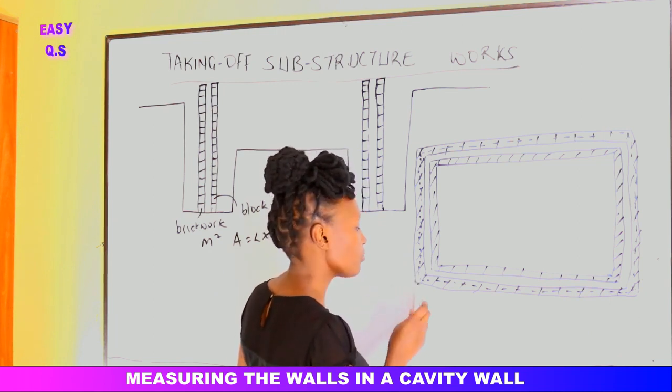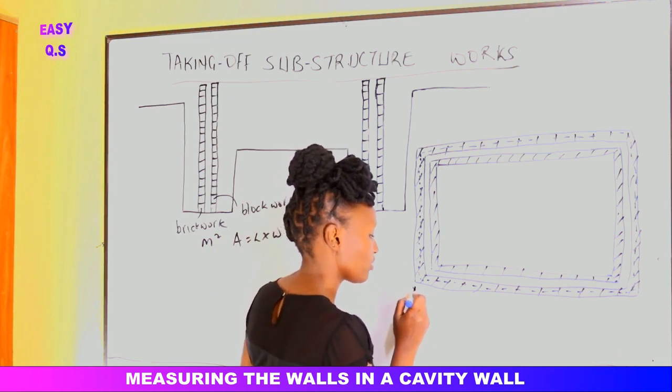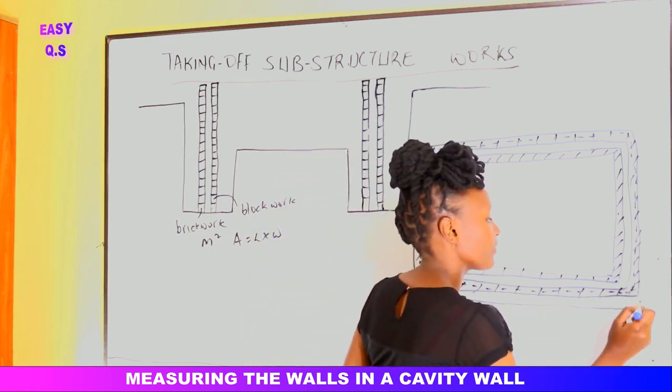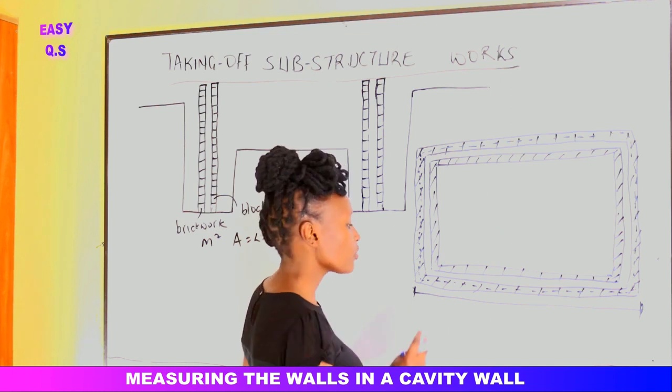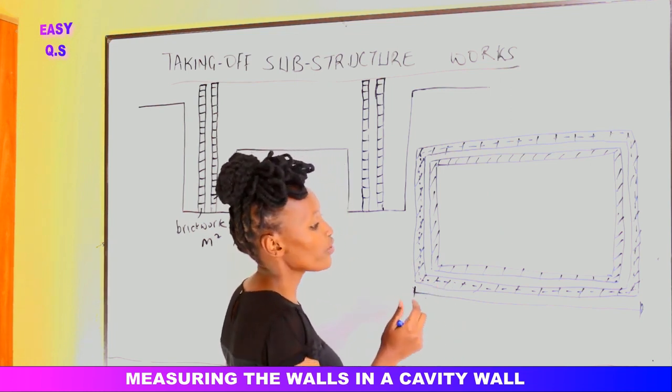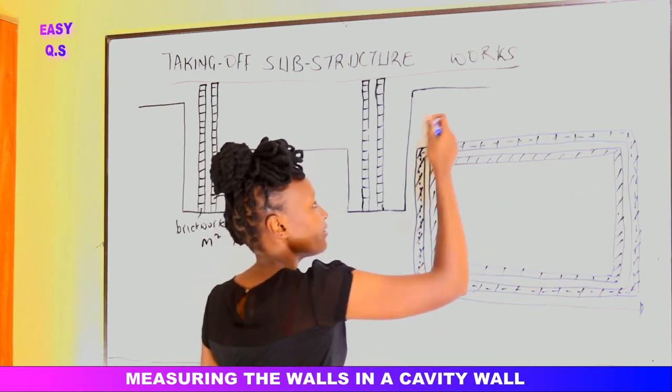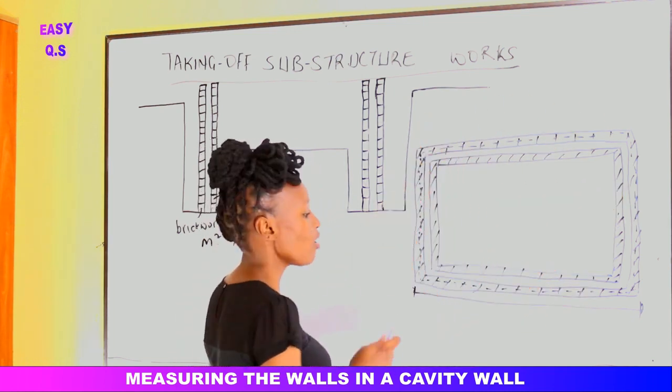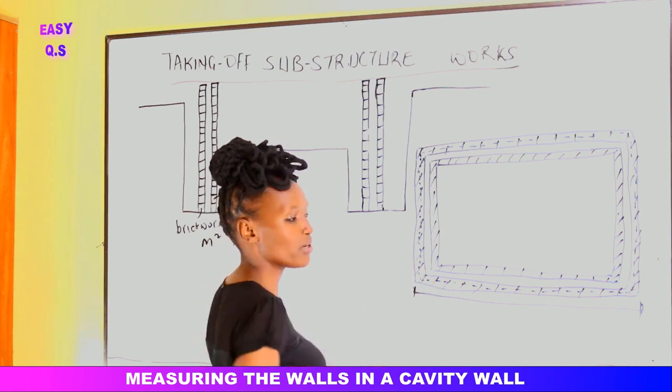Or assuming we had the external dimensions from here up to here, the external dimensions of the house. To get the center line for the brickwork, what do we need to do? We need to find the external perimeter, then we deduct number of corners times the thickness of the brickwork.